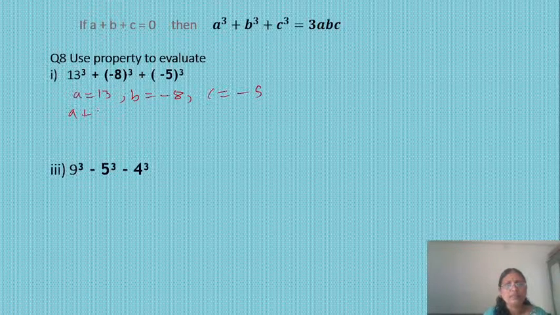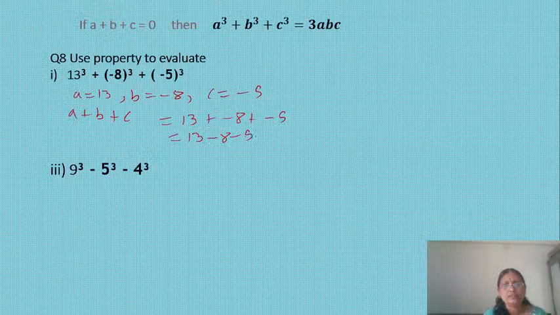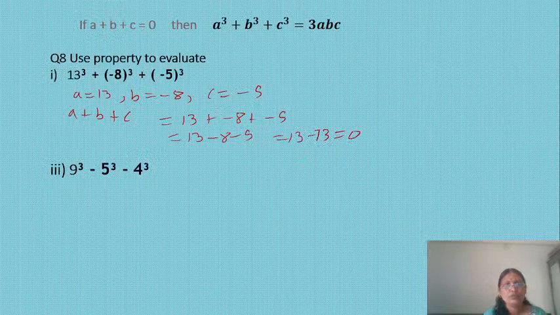So a plus b plus c is equal to 13 plus minus 8 plus minus 5, which is 13 minus 8 minus 5, which is 13 minus 13, and that is equal to 0. So if a plus b plus c is equal to 0, this a cube plus b cube plus c cube is equal to 3abc. Look here where I am going now.